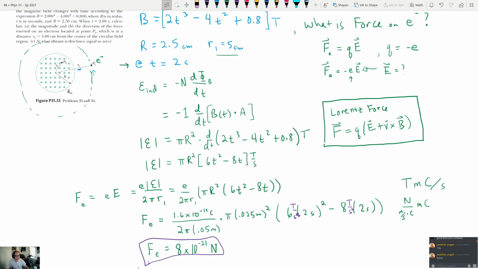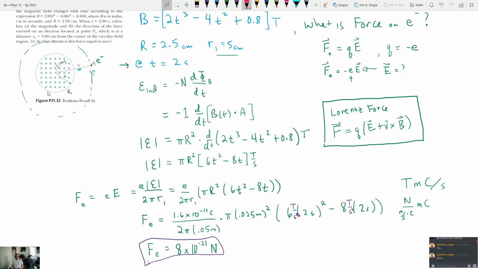I don't know. What direction do you think it will be then? I think it'll be downwards. So you're saying you want to imagine that there was a current carrying wire right here and figure out the direction of the current, right? Yeah. How do we do that?